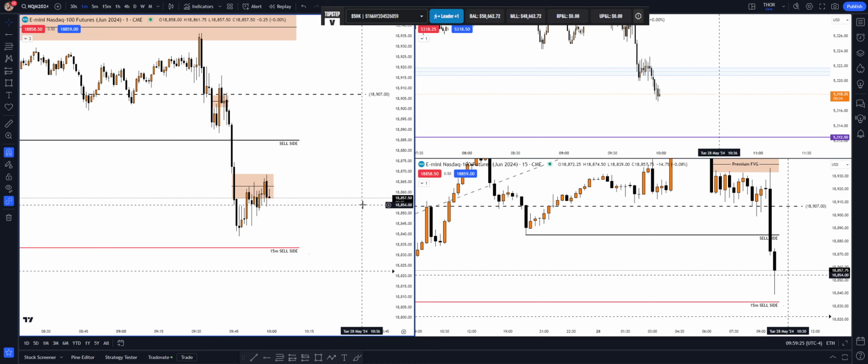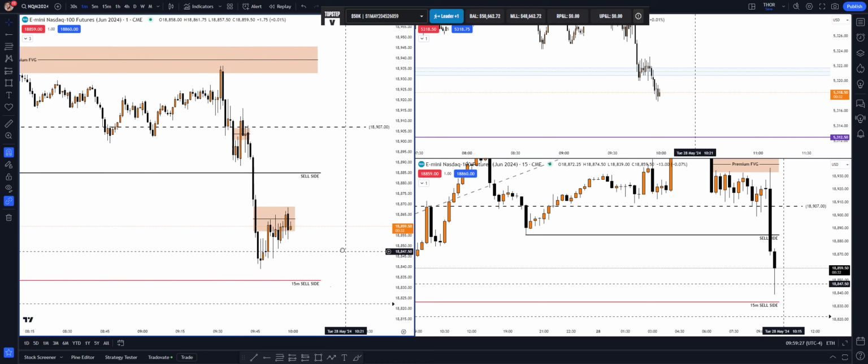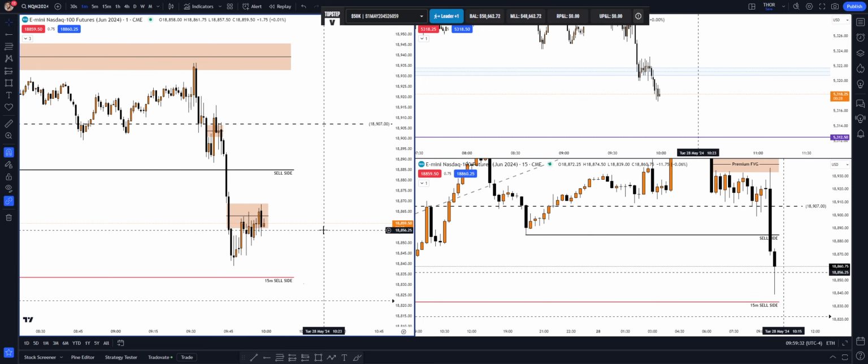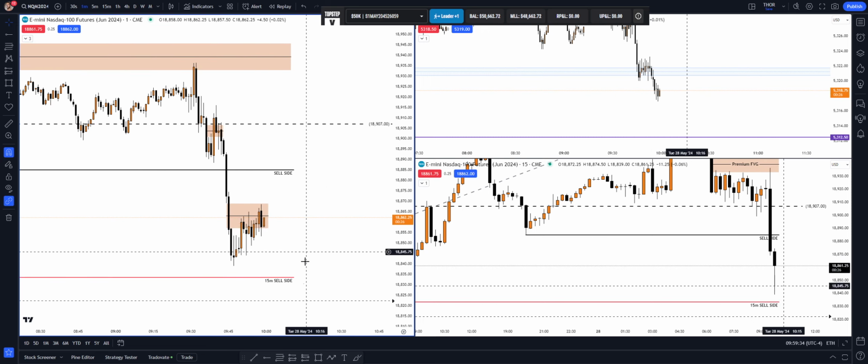Alright, 30 seconds left for the news. Let's see if it's going to be immediately sell side or fake out and dump.